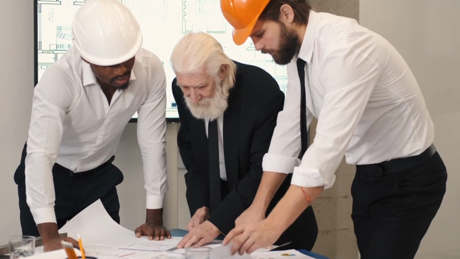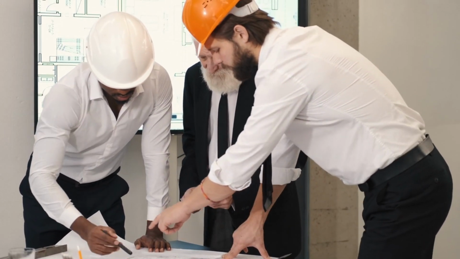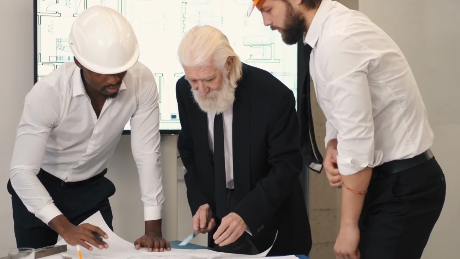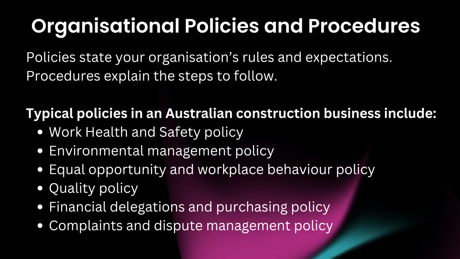Standards make performance consistent across sites and supervisors. They also protect your business if there is a dispute, because you can demonstrate that you work to a known, repeatable standard.